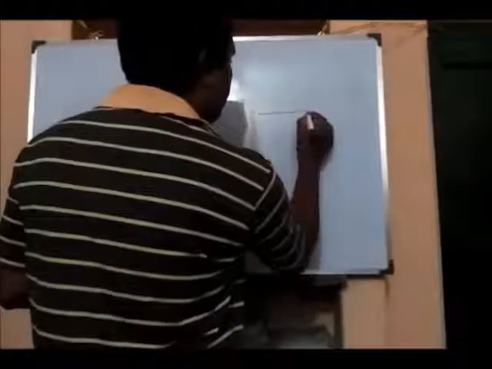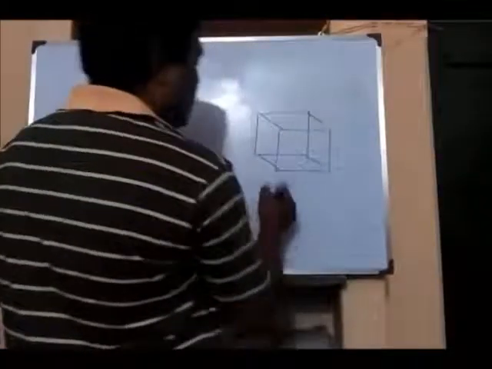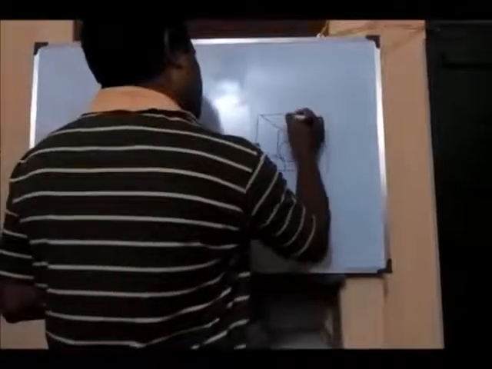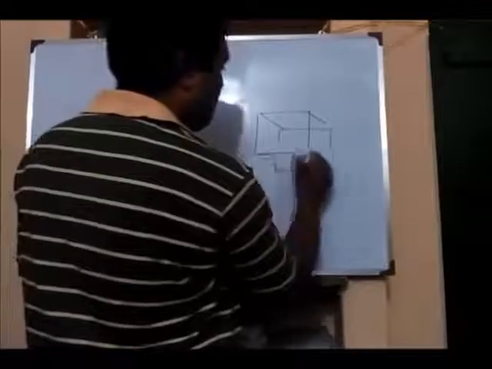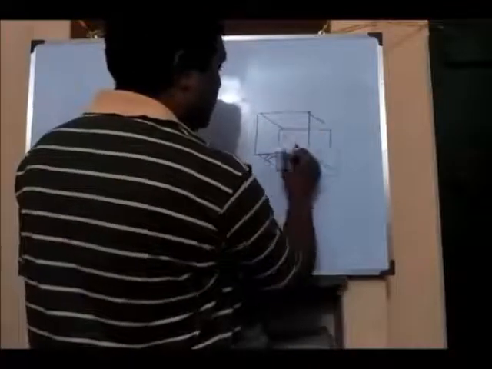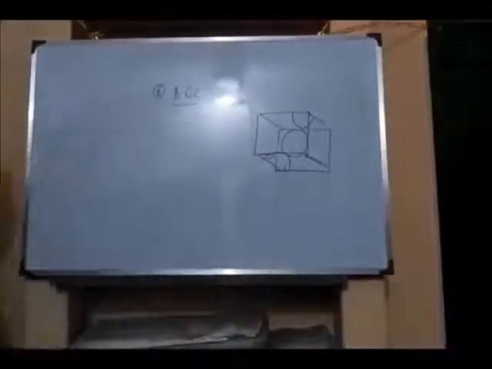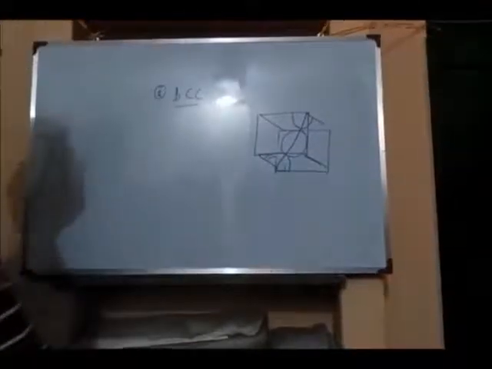Now if you consider this body centered cubic, this is the unit cell, with an atom lying at the center and atoms lying at the corners. Okay, so this is the body diagonal of the cube.